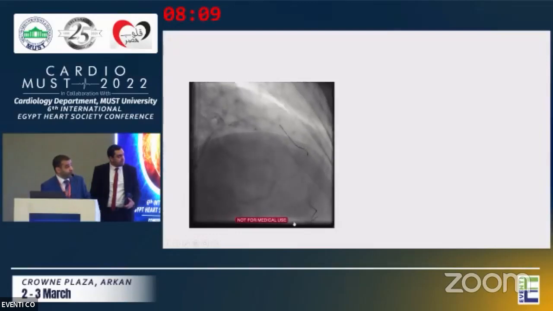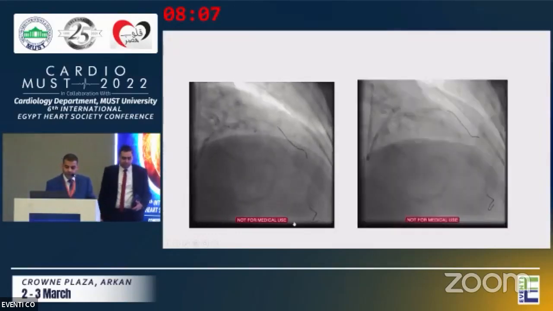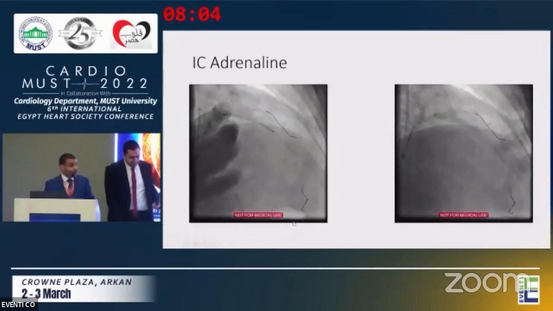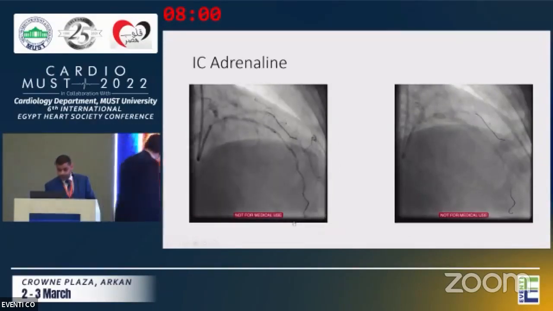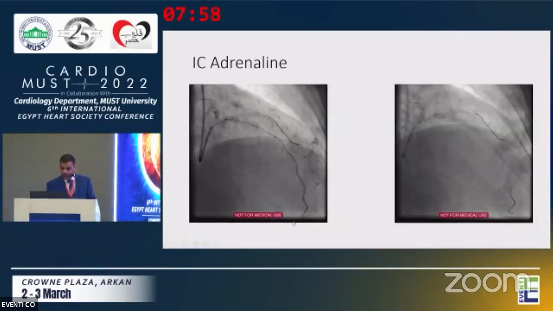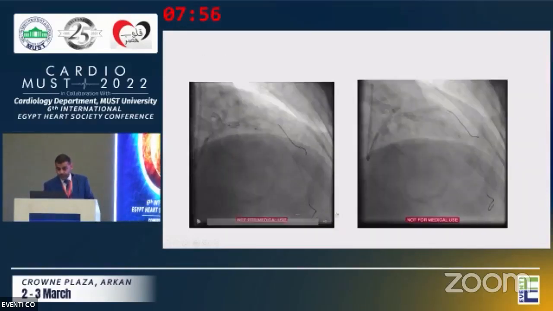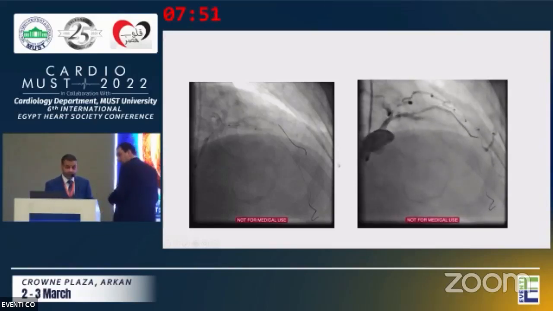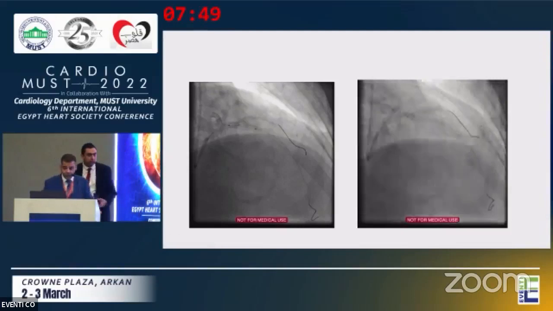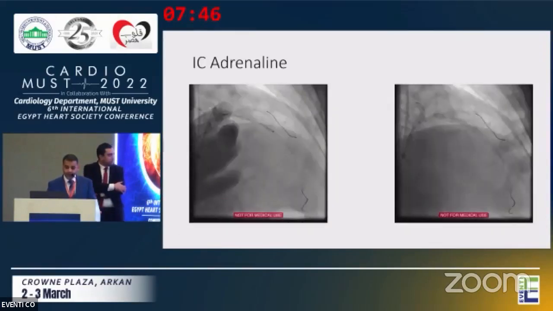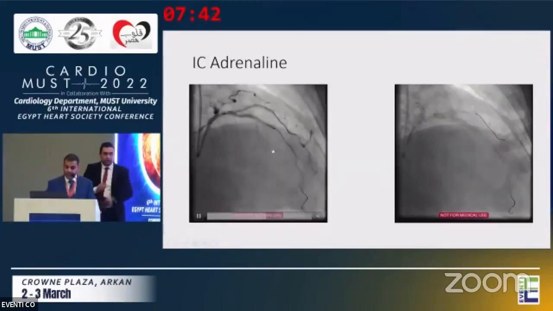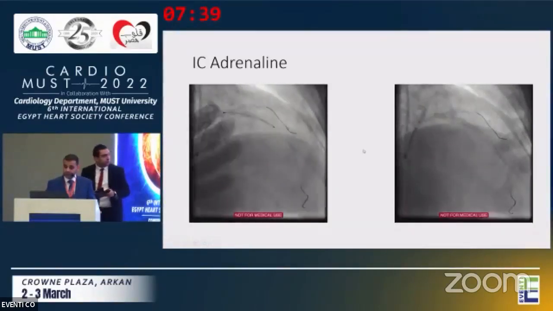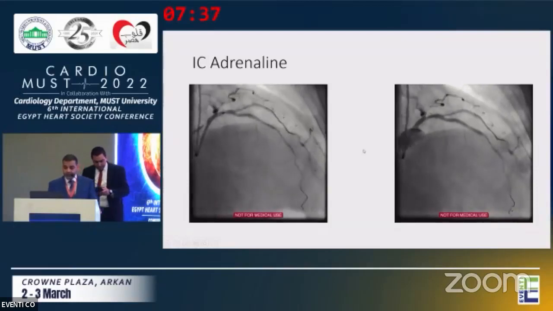Just after first balloon inflation, the patient has no reflow and patient arrested. Resuscitation was done and intracoronary adrenaline was given and the stent was put in the LAD with TIMI 3 flow.